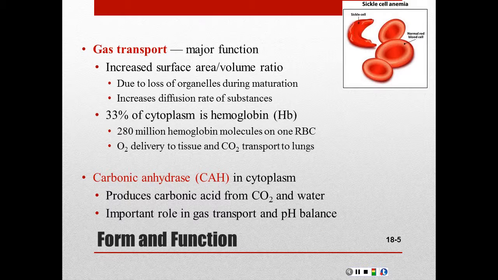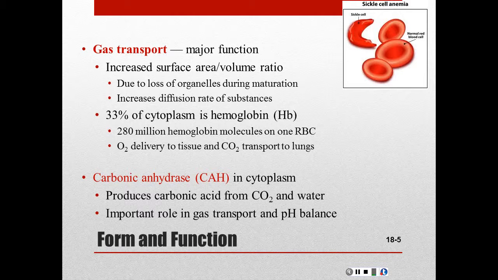Now, the cytoplasm of an RBC consists mainly of a 33% solution of hemoglobin, about 280 million molecules per cell. This red pigment gives an RBC its color and name.